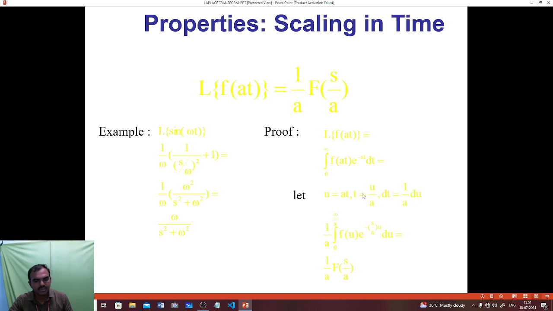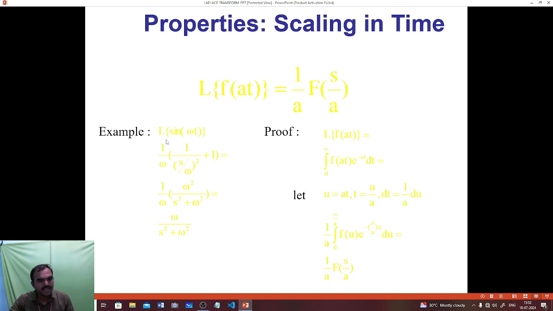Now differentiate on both sides: dt is du by a, where 1 by a is a constant. So this integration changes into 1 by a, integration from 0 to infinity of f of u e power minus s by a u du. Okay, so 1 by a, and this is our Laplace formula. Where the value is s, we take s by a. So that is our formula, 1 by a F of s by a.